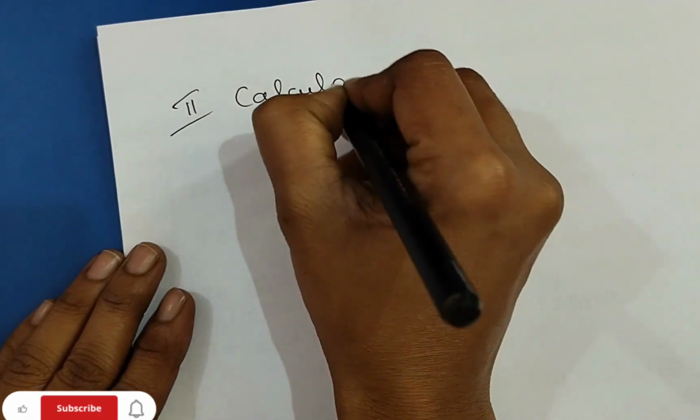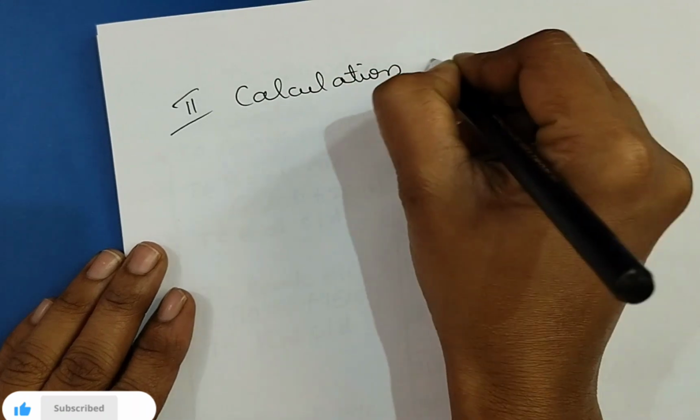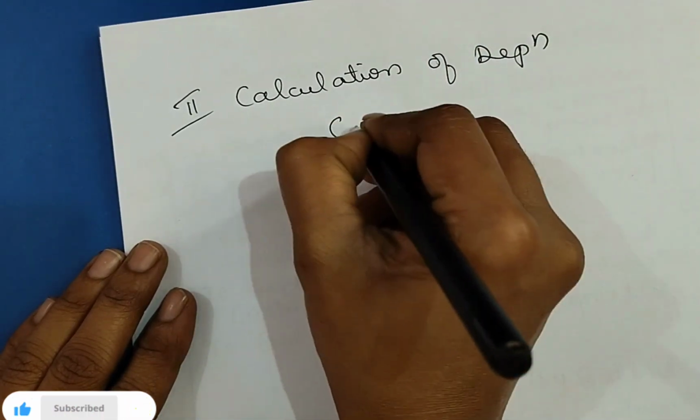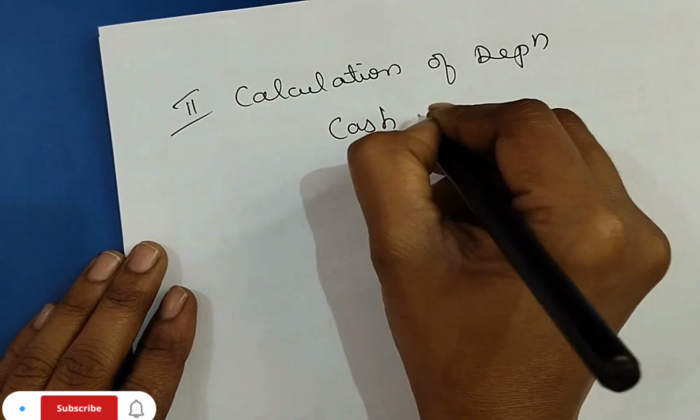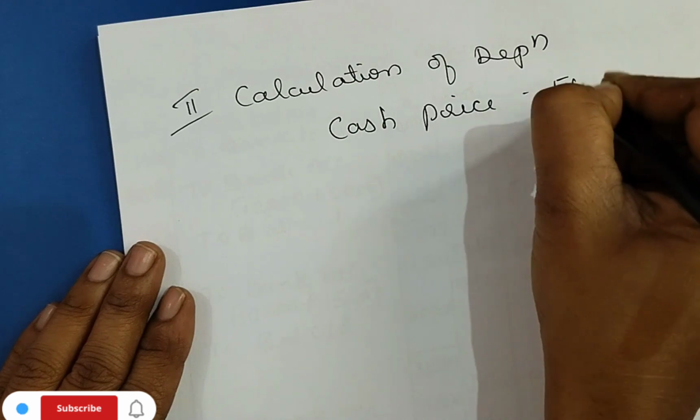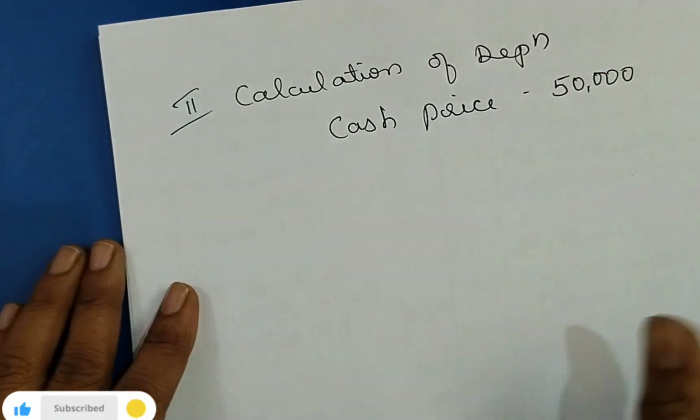Calculation of depreciation. What is the cost of the machinery? The washing machine. Cash price is 50,000, right?